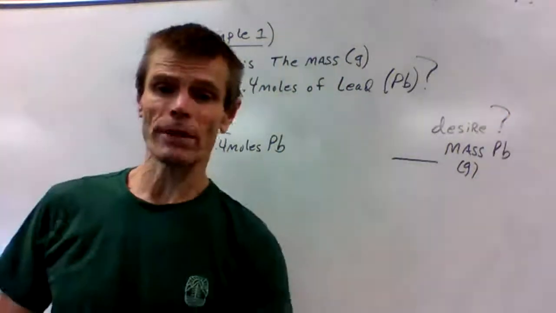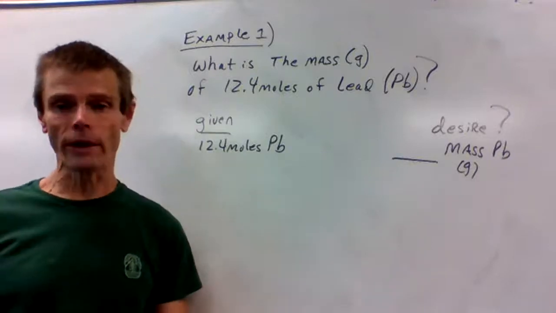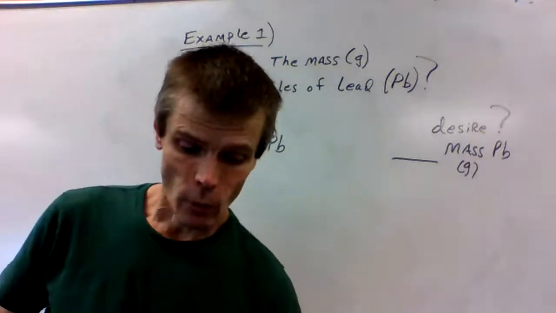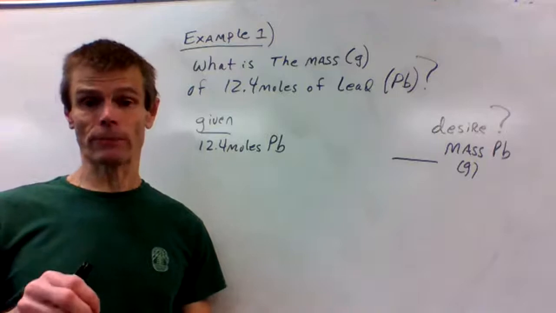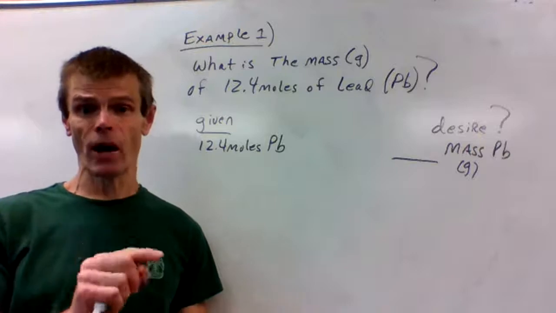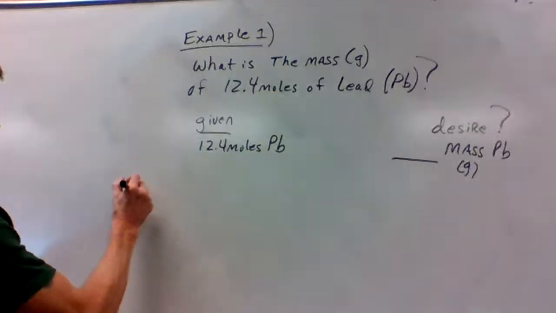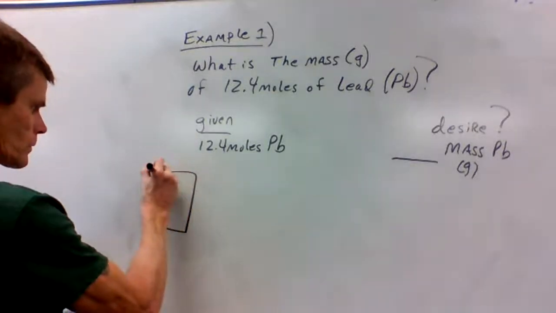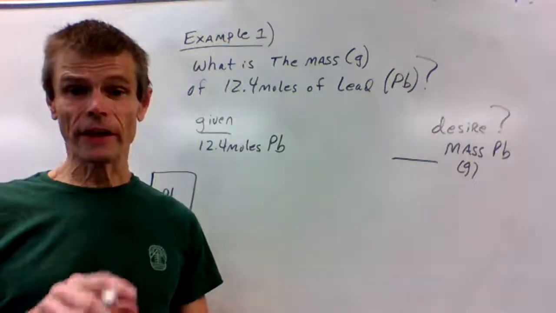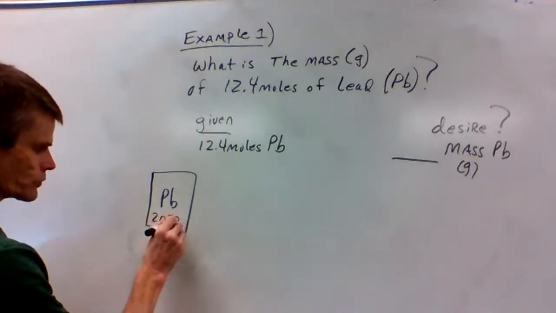Well, we also have other pieces of information that you need to refer to in some cases. And the most important piece of information is found in the periodic table. So we're going to learn more about the periodic table in Chapter 3, but for now, let's just use a number from the periodic table that's going to help us solve this problem. If we look at the periodic table for lead, we see a number on it that's listed here as 207.2.